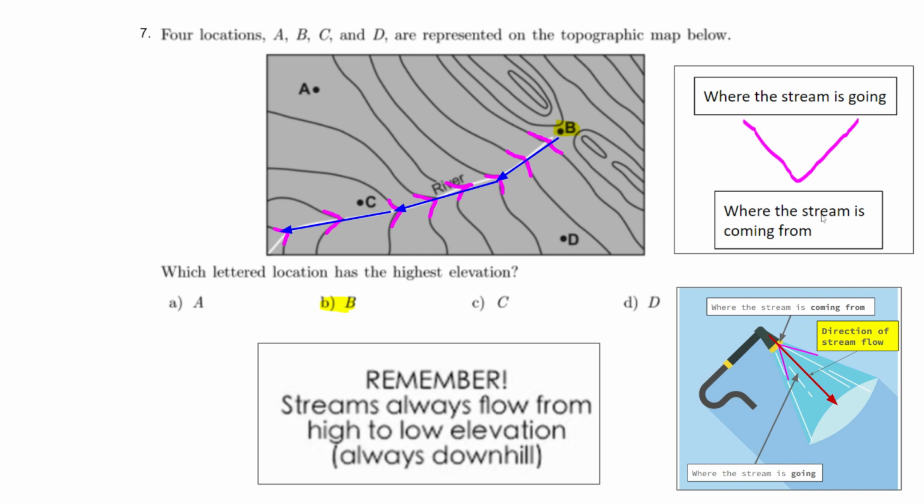The pointy part of the V is where the stream is coming from. It looks like the stream is going towards the southeastern side. And remember, streams always flow from high to low elevation, so B must be the highest elevation. That's where the stream would be coming from, and this must be the lowest elevation where the stream is going. So the correct answer is B.